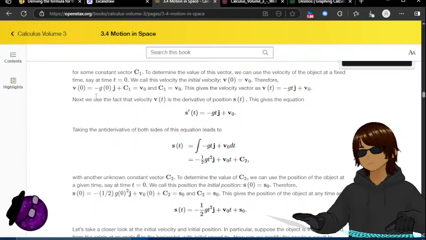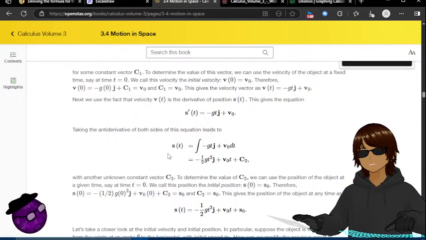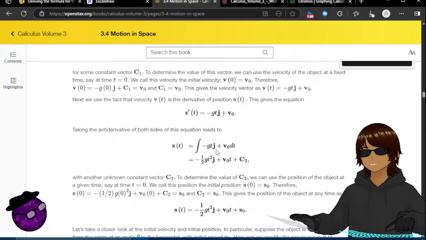Next, we use the fact that velocity is the derivative of the position. This gives the equation: the derivative of the position is equal to minus gt plus initial velocity. Taking the antiderivative of both sides of this equation, we're taking the antiderivative of the entire thing, leads to this.